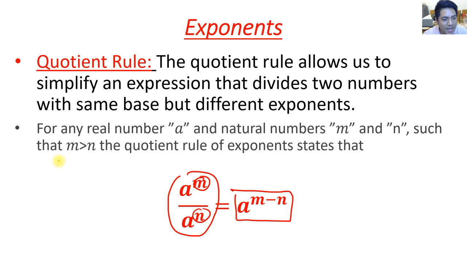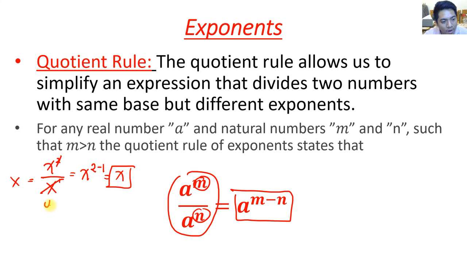So take a look at this example. We have x squared all over x. So the value of the exponent here of x is 1, obviously, even if we don't write it. So that would be x raised to 2 minus 1, which will be x. So sometimes we just cancel this out, and we have a value of x for the simplification of this. And that is because of the quotient rule of the exponent.